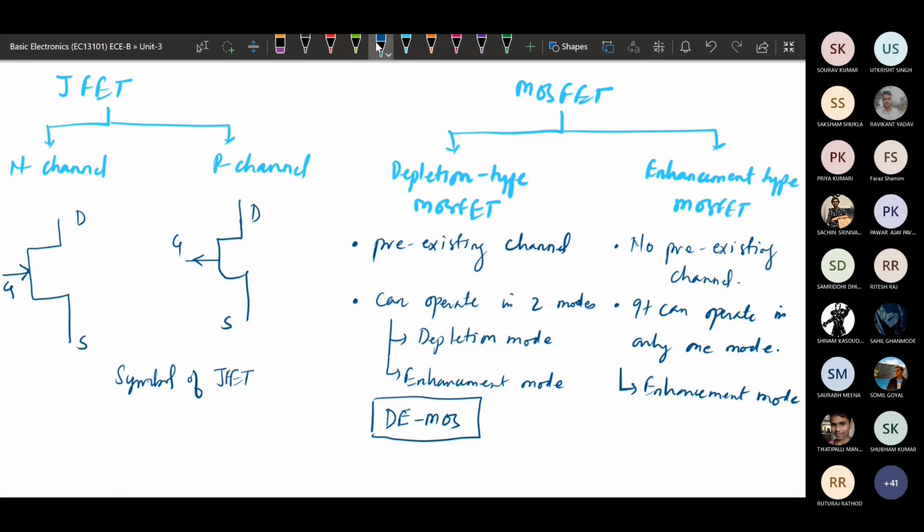So as the enhancement type MOSFET can operate only in enhancement mode, that's why it is also called E only MOS or E only MOSFET.